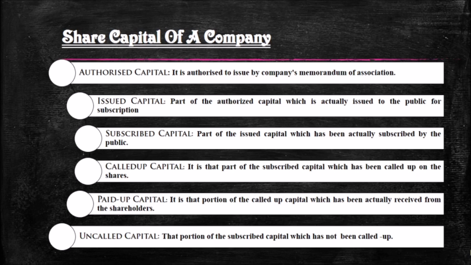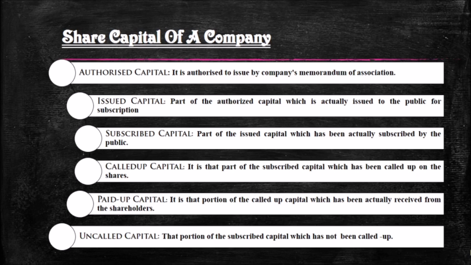For example, 10,000 shares are issued and we get applications for 15,000 shares; that is the subscribed capital, but it is over subscription. Suppose we are issuing 10,000 but we get applications only for 7,000 shares; that is known as under subscription. We will learn it clearly in the coming lessons.